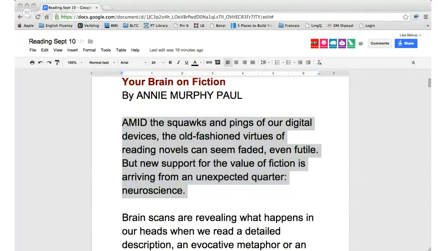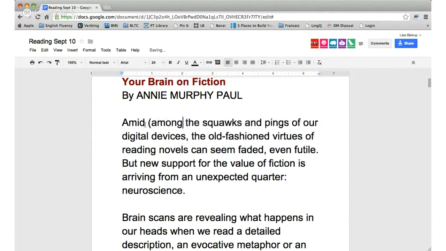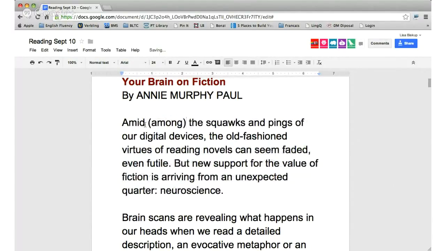Yeah, I got that. But the first word, amid, that's pretty weird. It's just a word that describes being in the middle of something. If you're in the middle of a bunch of people, you could say amid the crowds of people. It's a very flowery way of talking, like what you would usually read in fiction.